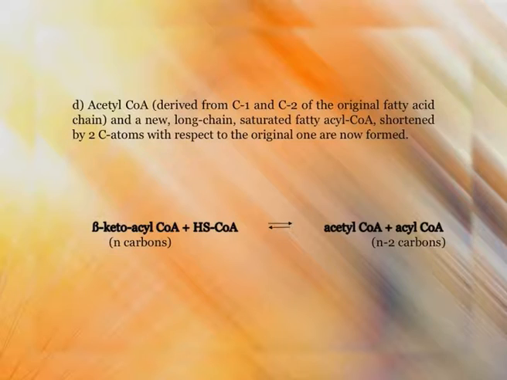In step number 4, the beta ketoacyl-CoA, which is formed, that can be shown from this particular slide also, is acted upon by the enzyme fatty acyl thiolase and it reacts with the coenzyme A to produce acetyl-CoA and acyl-CoA, which is shortened of 2 carbon atoms with regard to the starting fatty acid.